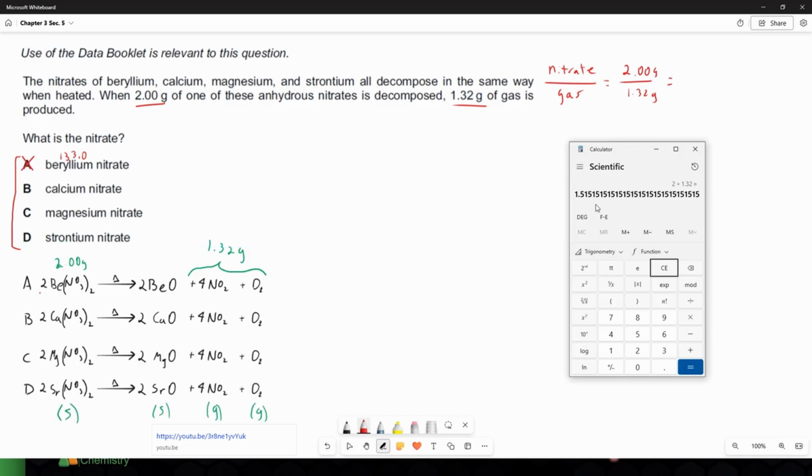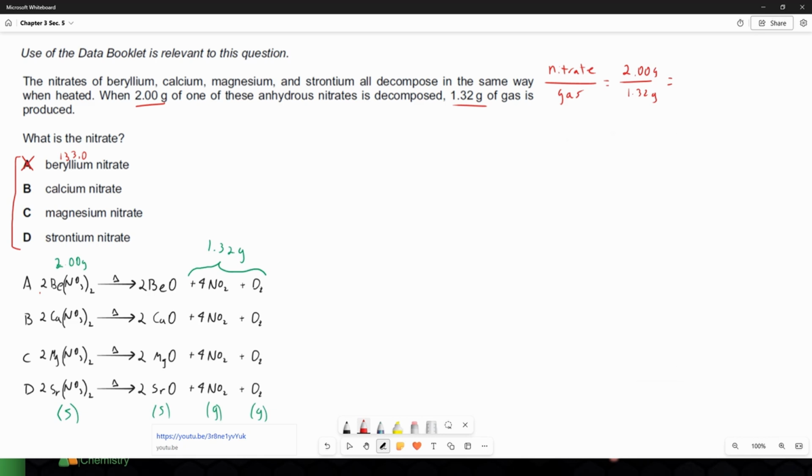That gives us a ratio of roughly 1.515. That means that if we use the molar masses of the different nitrates and do a ratio between those molar masses and the combination of the molar masses of the gases, that should give us the same ratio for the right answer.